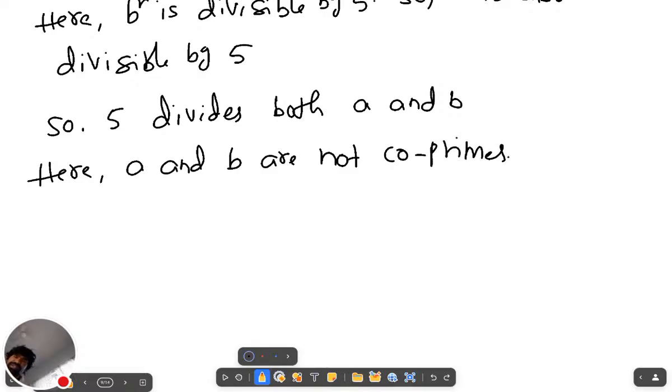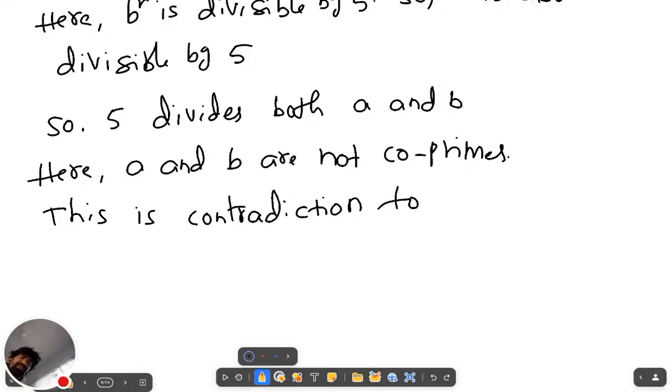So this is a contradiction to our assumption, because we have assumed that a and b are co-prime numbers, but here we got they are not co-prime numbers.